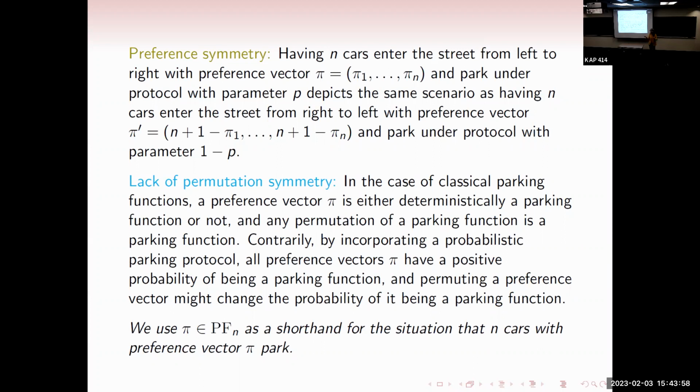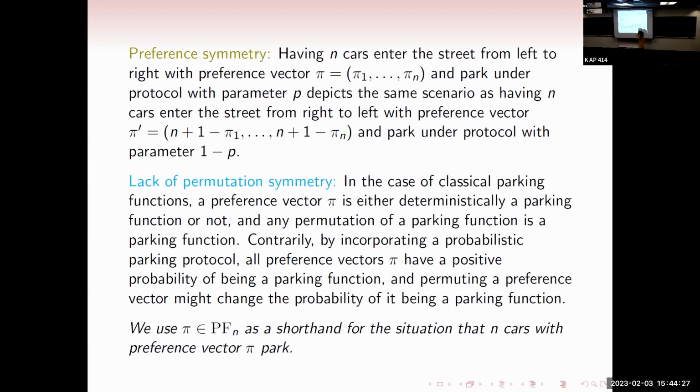That's a preference symmetry, which now appears with this layer, but also a lack of permutation symmetry. Originally, if it's a parking function, then permuting it in any way gives a parking function. But now every sequence has some probability of becoming a parking function, and permuting it will give you a different probability.